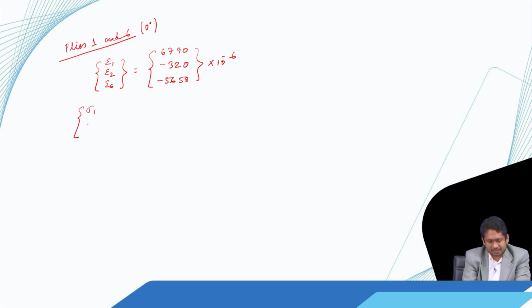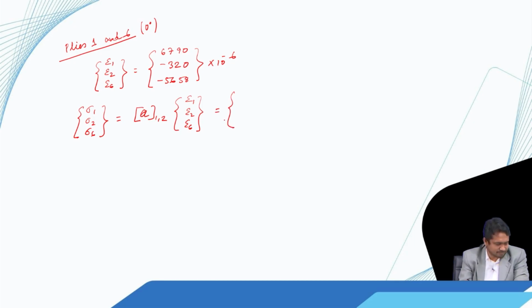Now, we can find out sigma 1, sigma 2 and sigma 6, and for that we multiply the Q matrix in the 1-2 system, that is its Q matrix with x y system also, and then we have epsilon 1, epsilon 2, epsilon 6, and the values that we get are 955 MPa, 17.14 MPa, minus 28.29 MPa.